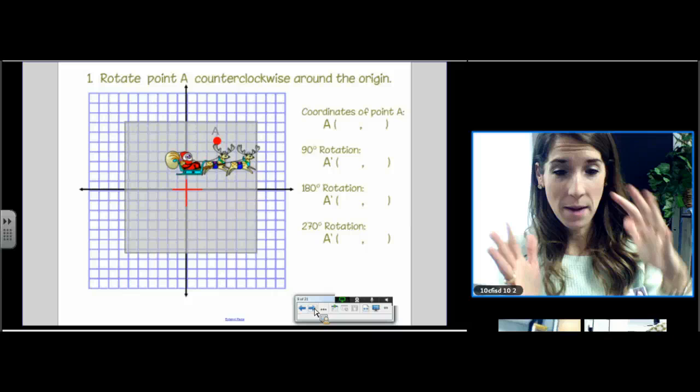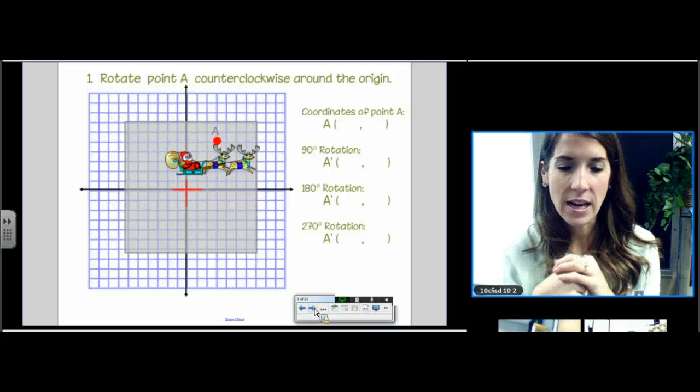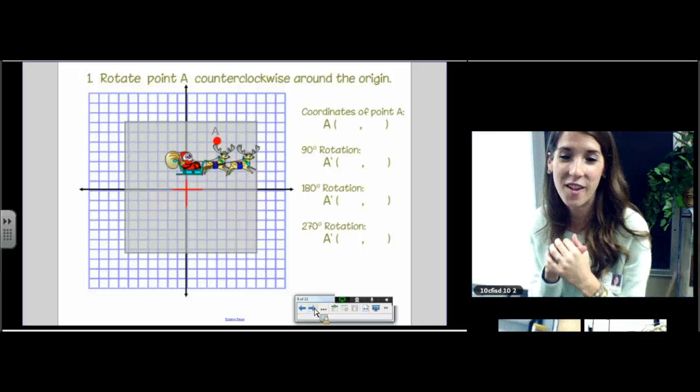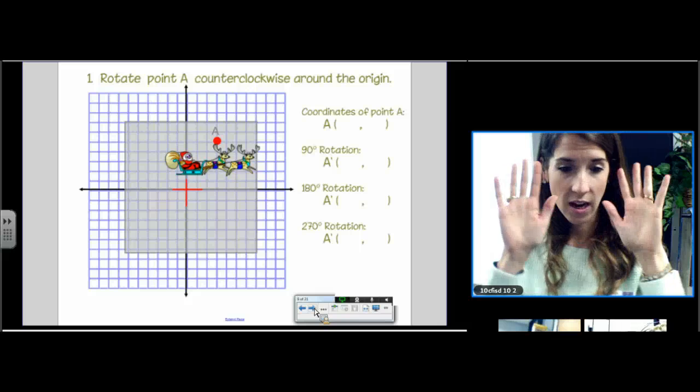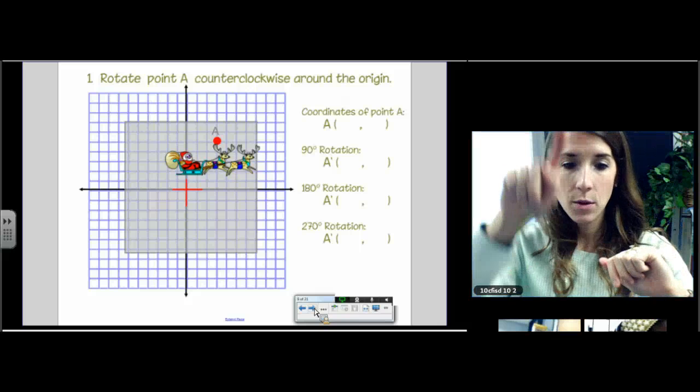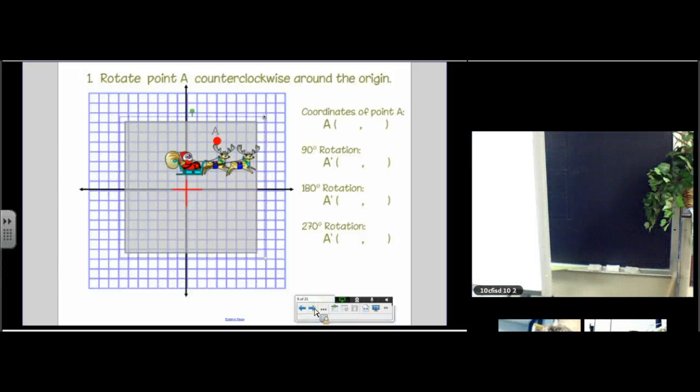If you were using patty paper, you would lay it on top of your coordinate plane and draw a cross at the origin. Then you would simply take your paper and rotate it 90 degrees, and then center it back at the origin again.